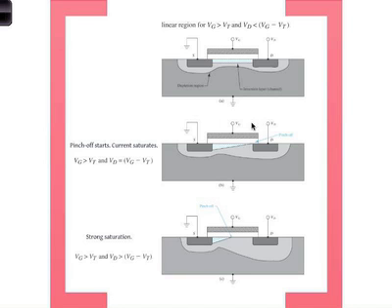Now, of course, you can have a pinch-off situation here as well, because just like in the FET, the channel is a distributed resistor. As current flows, there's voltage drop, right? Because the electrons are moving, but it's not a superconductor. You have some loss, so you have voltage drop, which means that the voltage on this end will be higher than the voltage on this end, right?